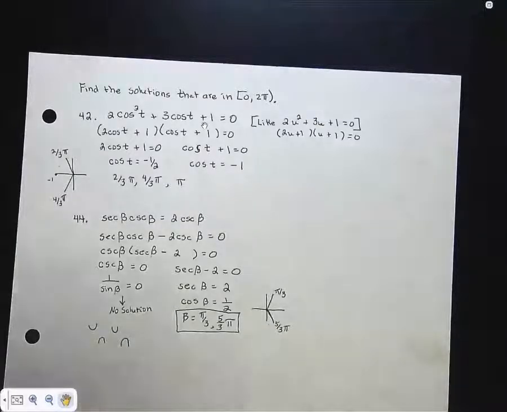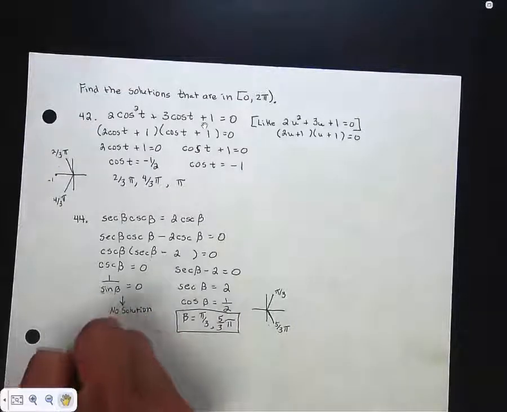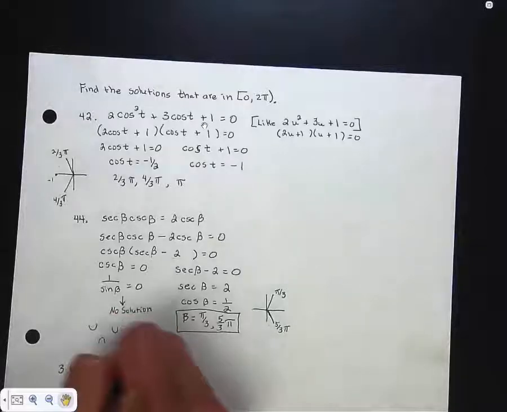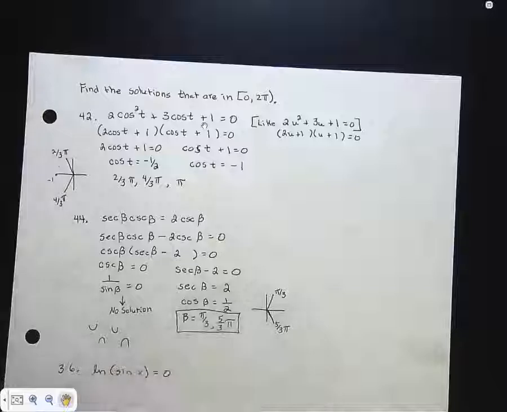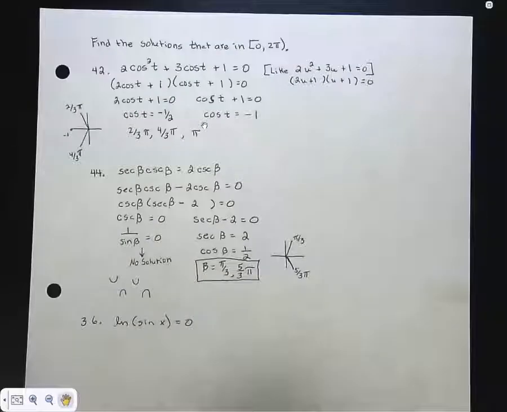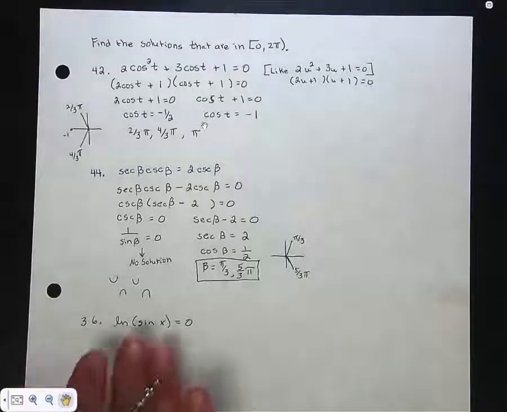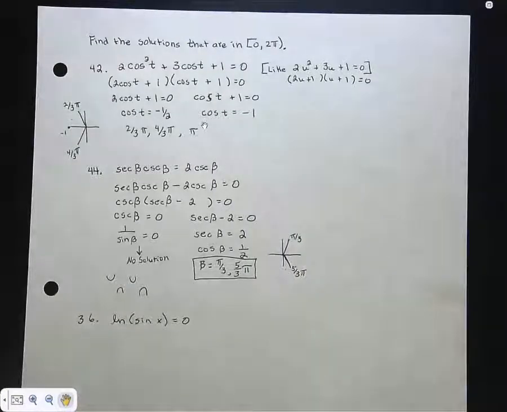All right, just real quickly, last two examples I want to show you are just to show you that sometimes none of the tricks that I mentioned work, and you just really have to think hard about everything you know about math. Number 36 says natural log of sine x is 0.